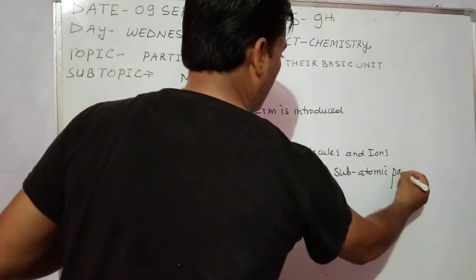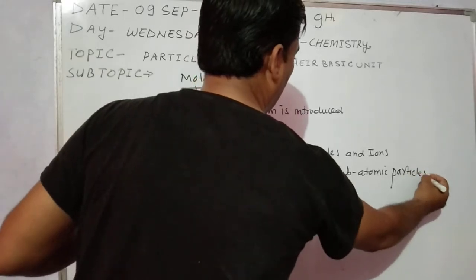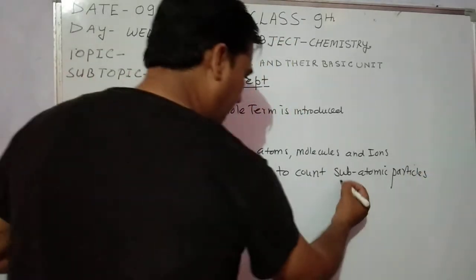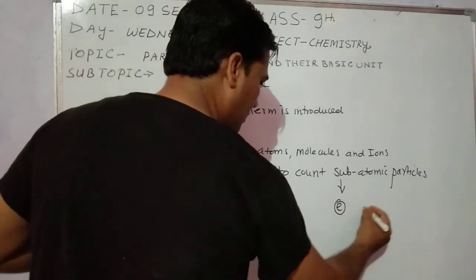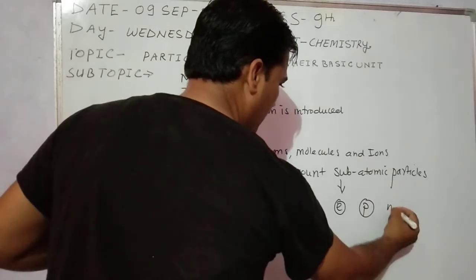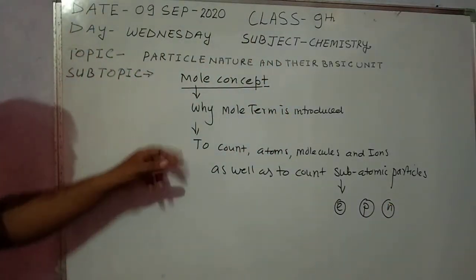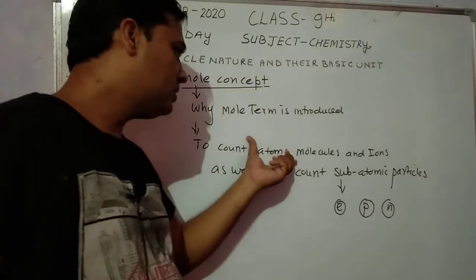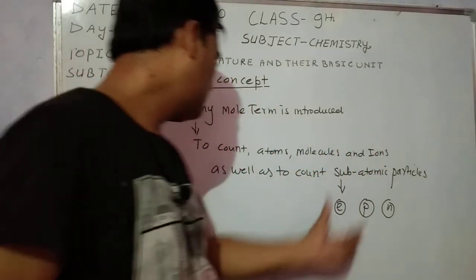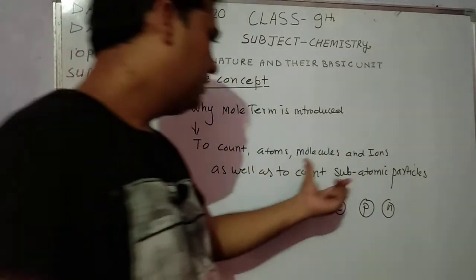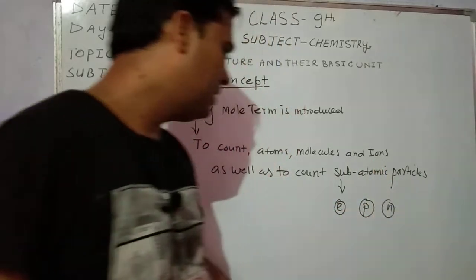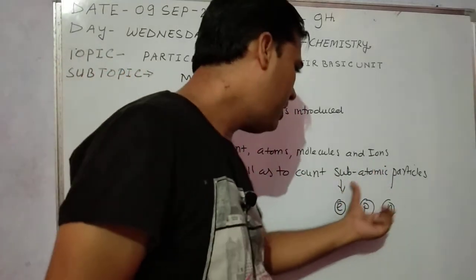Subatomic particles are electrons, protons, and neutrons. So why is the mole term introduced? It is used to count atoms, molecules, ions, as well as to count subatomic particles, that is electron, proton, and neutron.